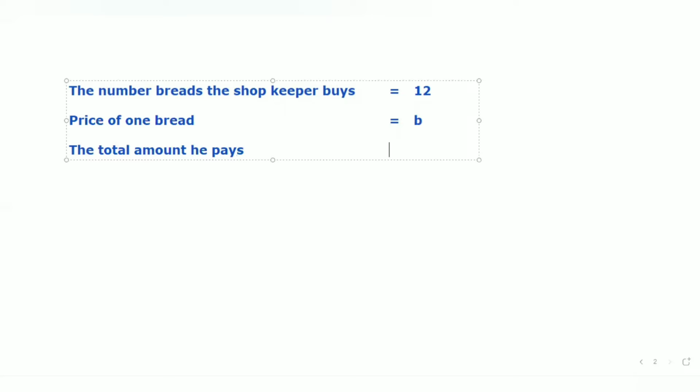So he buys 12 breads at a cost of B rupees each. So we need to multiply 12 by B, so that we get the answer for the 12 loaves of bread as 12B, right? So we found the answer for the first question. Then the second question.